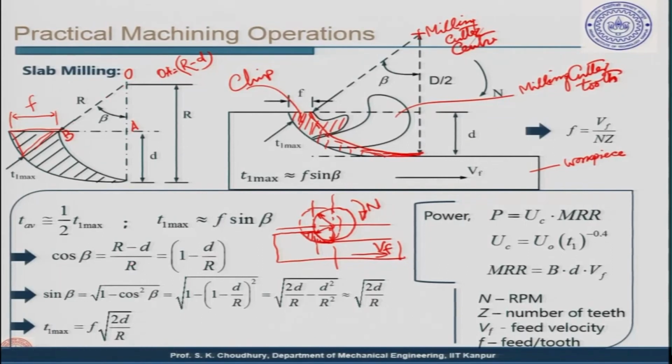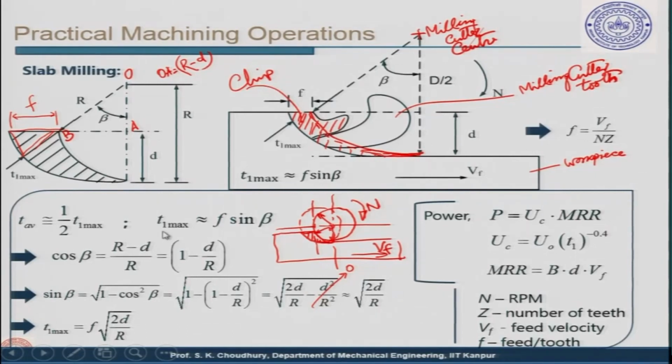So, from here this is O A divided by O B. So, this is R minus D by R, which is 1 minus D by R, and sin beta is equal to root over 1 minus cos square beta, and cos beta is this. So, therefore, this will be 1 minus (1 minus D by R) whole square. From here, if we ignore the value of D square by R square, so let us say this is equal to 0 because it is very small, this will be approximately root over 2 D by R, all right.